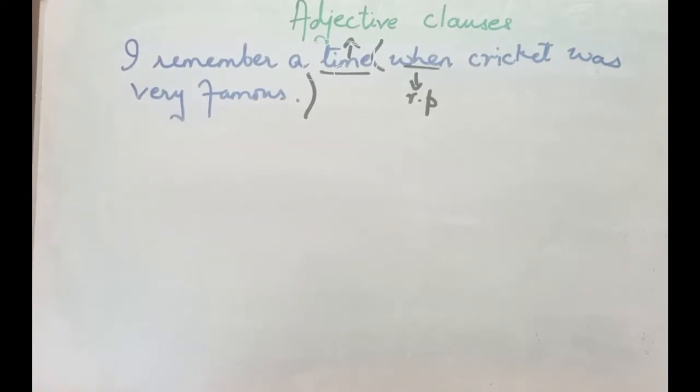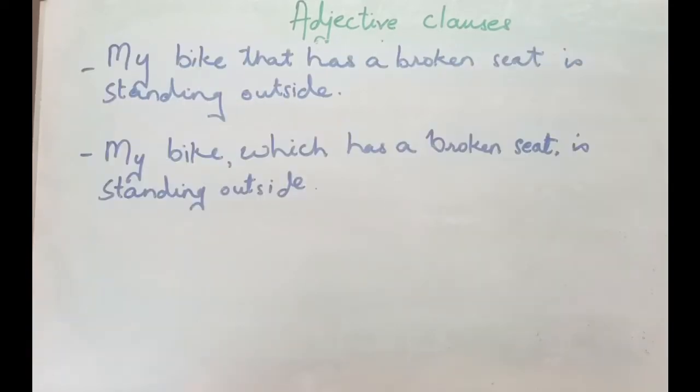Now we will know what is the meaning of essential and non-essential clauses. Look here, I have got two sentences that are merely the same, but they have a bit of difference among them. That is where we call them essential and non-essential clause.